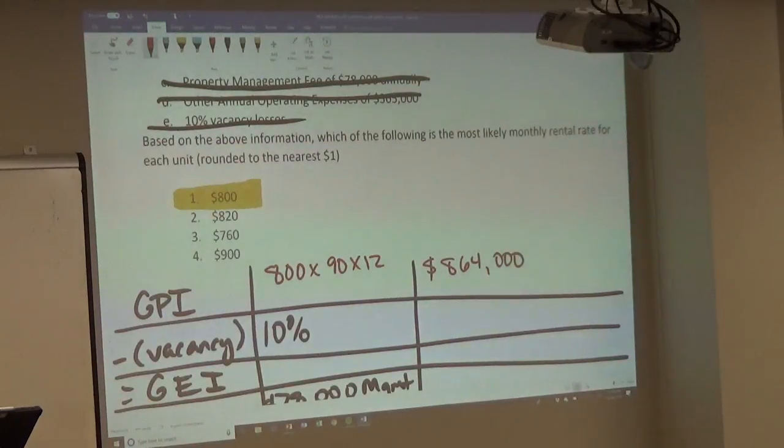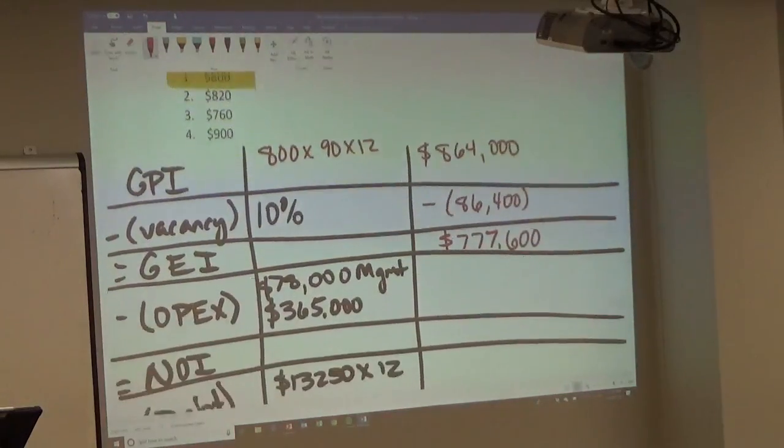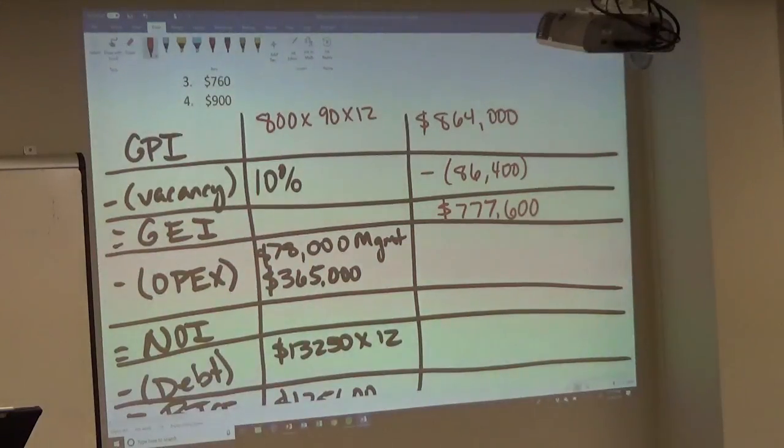Minus 10% vacancy would be minus $86,400. And if we do that math, that gives us a gross effective income of $777,600, minus these management fees, so minus $78,000 minus $365,000.